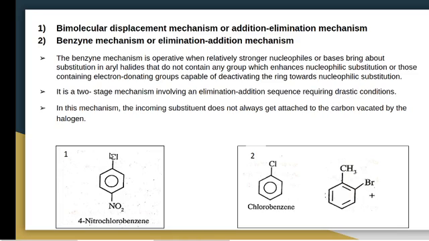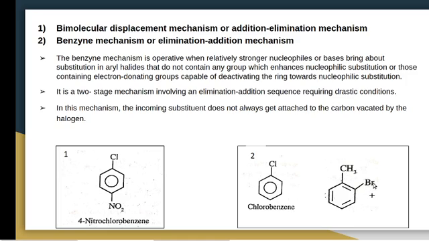That means the incoming nucleophile will replace this halogen and will get attached to the same carbon atom where the halogen was attached. But in the case of the second type of mechanism, the incoming nucleophile will not always get attached to the carbon vacated by the halogen.